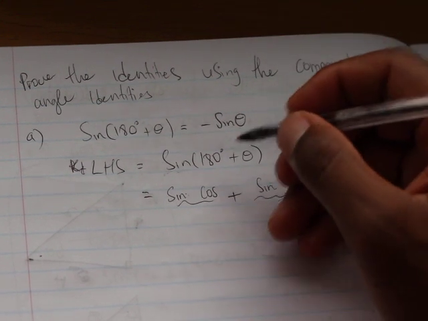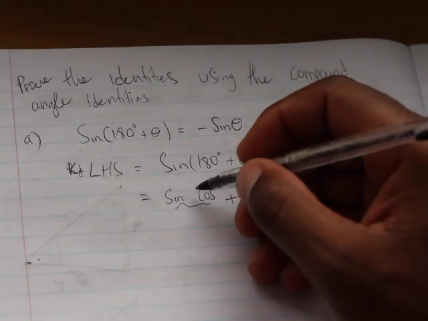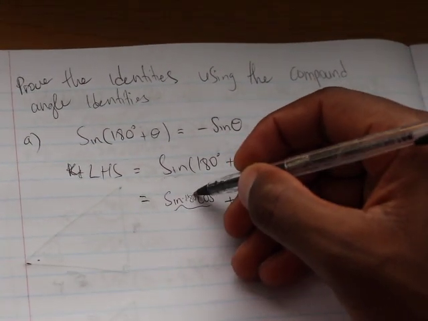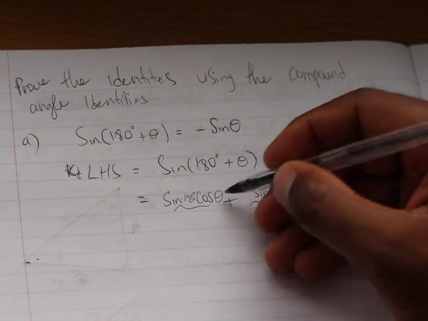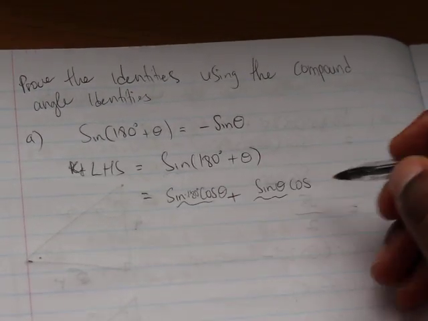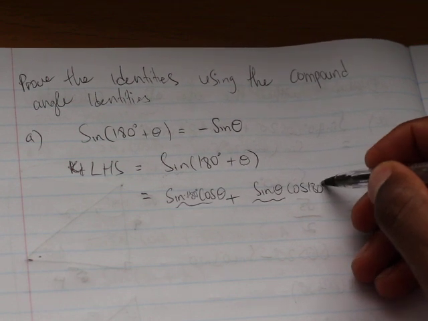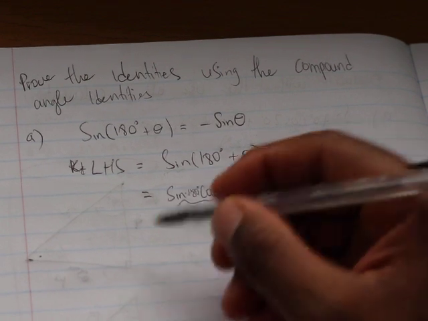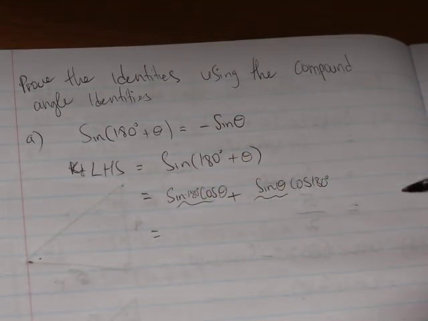Now all we need to do is plug in the angles. For the first product, we maintain the order, so 180 degrees, theta. For the second product, we swap the order around: theta, 180 degrees. So we're done with the expansion. Now we just need to further simplify.